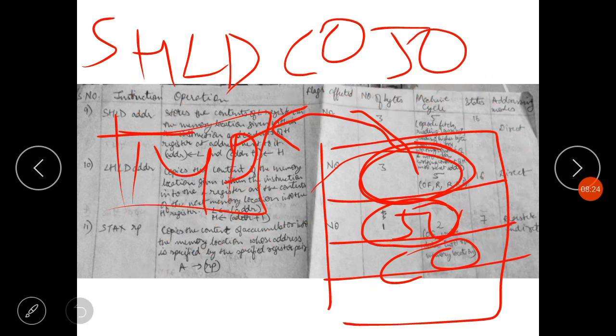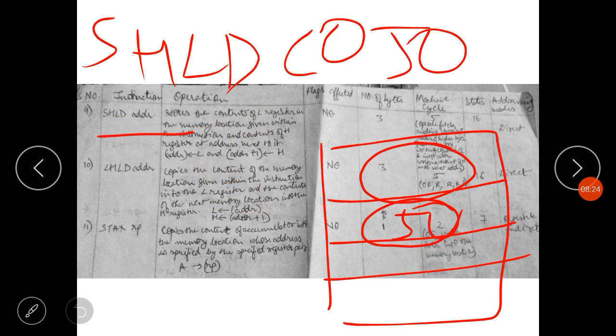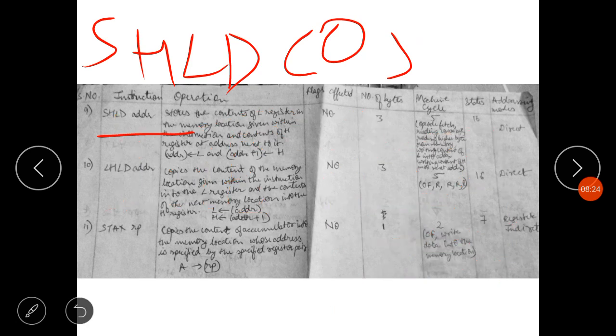In this way the whole SHLD instruction gets executed. So how many T states? As I have told you, there are 5 machine cycles.